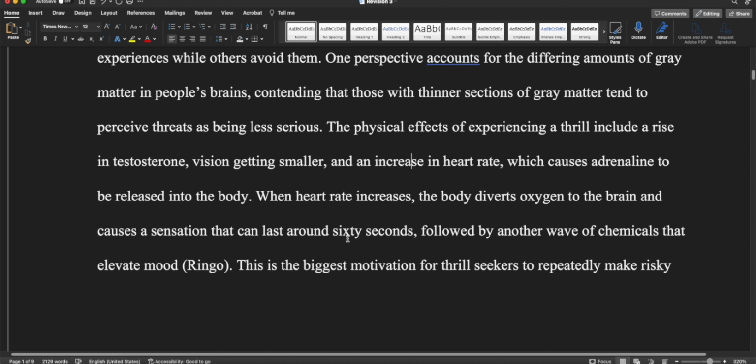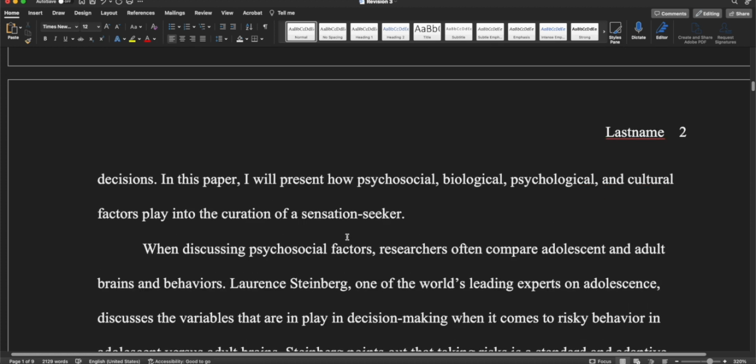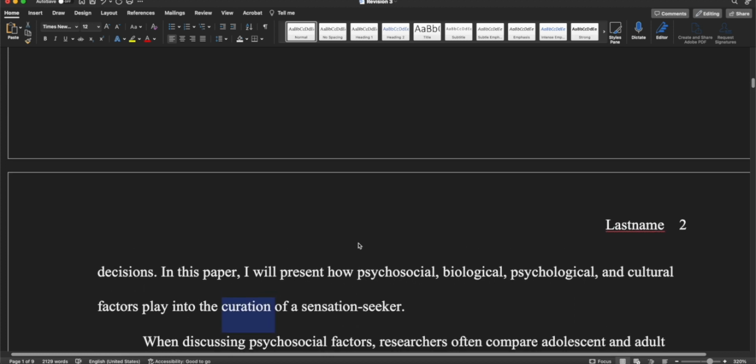Ringo. This is the biggest motivation for thrill seekers to repeatedly make risky decisions. In this paper, I will present how psychosocial, biological, psychological, and cultural factors play into the curation of a sensation seeker. Curation. Maybe creation?